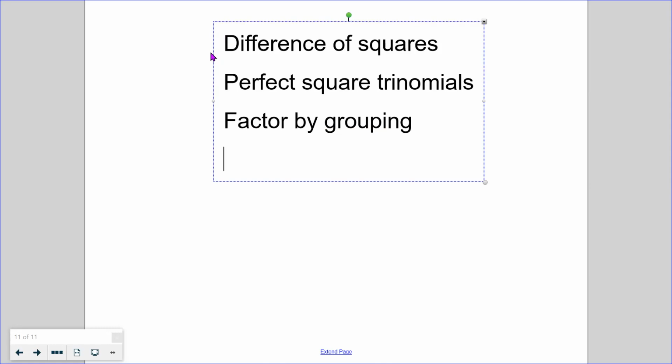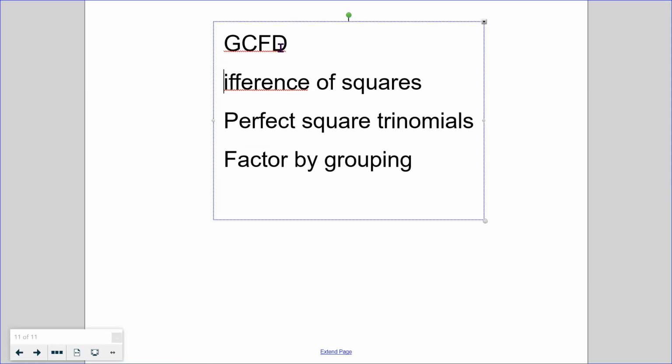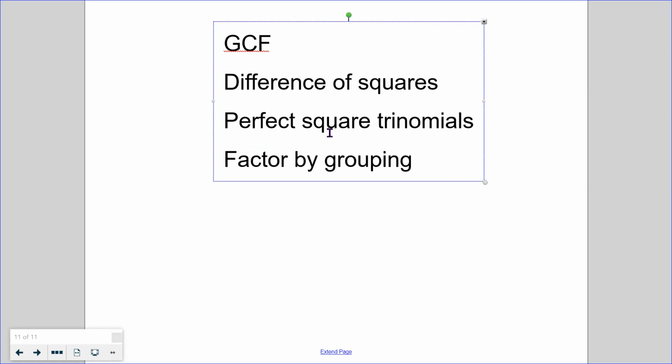I think that's it. This GCF, that's the big one. Always look for GCF first, and then start factoring. This should always be first. So always look for GCF first. There are these two factoring patterns, difference of squares and perfect square trinomials, and then there's factor by grouping.